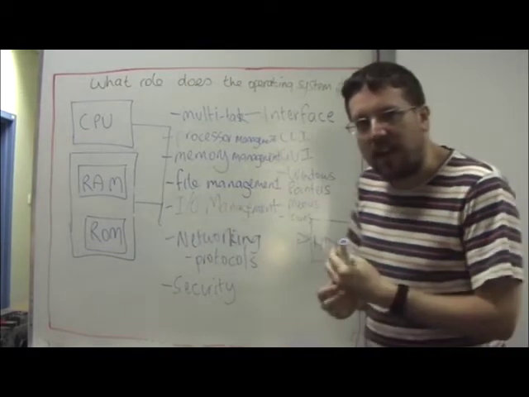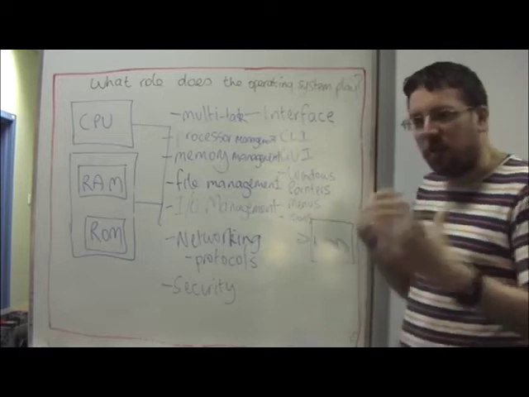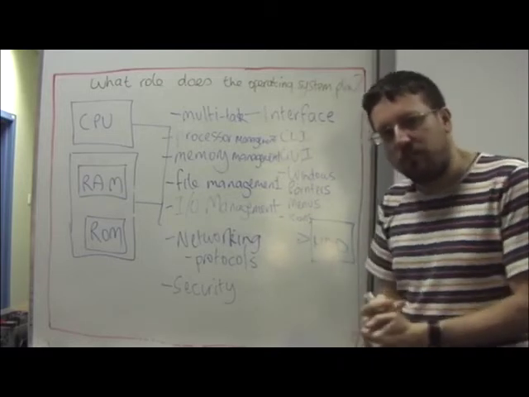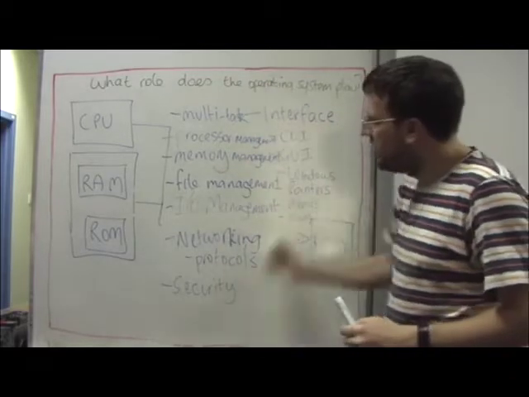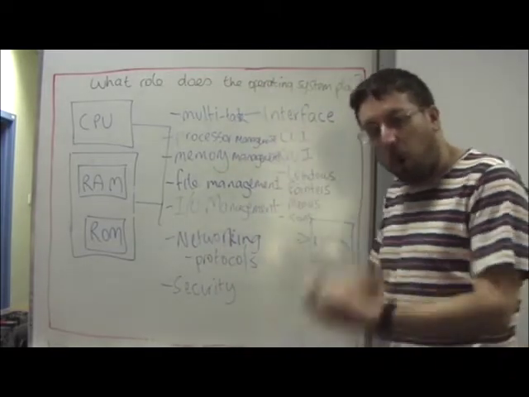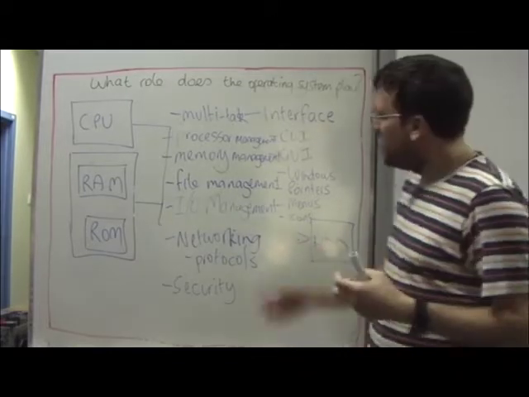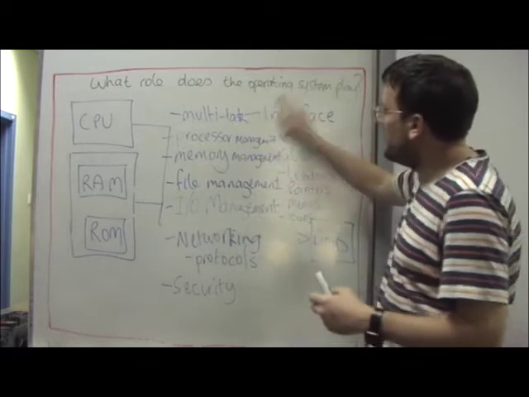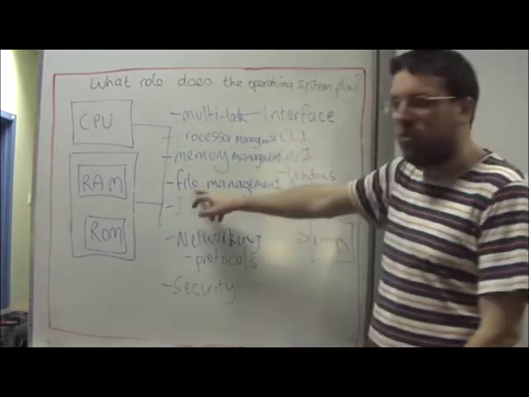The final thing I want to end on is something really important, and I think a really important feature of an operating system. All of these things here are complicated processes. It's actually a complicated process to understand how the operating system manages our processor, how it manages our memory, how it manages our files.